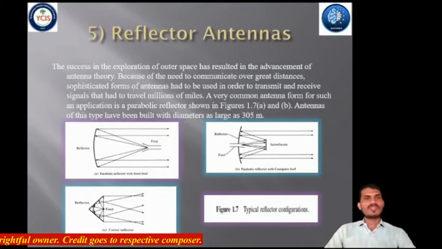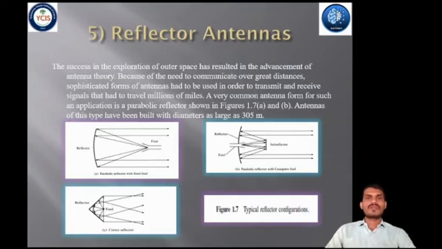Now the success in the exploration of outer space has resulted in the advancement of antenna theory, because of the need to communicate over great distances, sophisticated forms of antenna had to be used in order to transmit or receive signals that had to travel millions of miles.